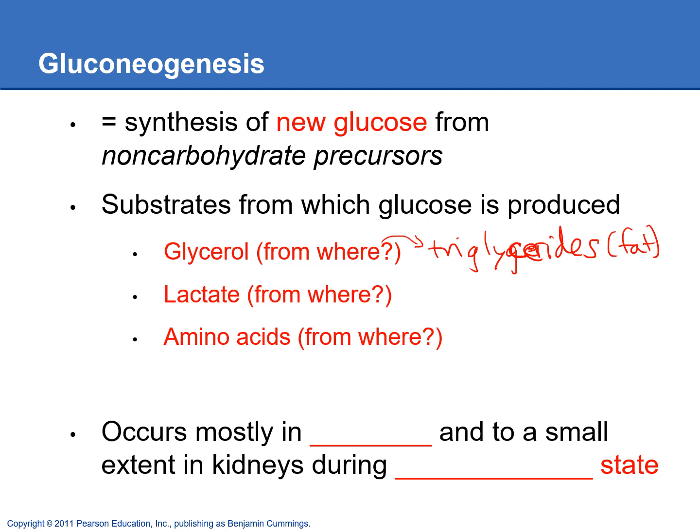This is really cool. And so that's a really good thing to be able to do. If you haven't eaten for a while, you can take your fat and make glucose from it, and that'll raise your blood sugar. You can also take lactate, which is also known as lactic acid, and that comes from fermentation, right?